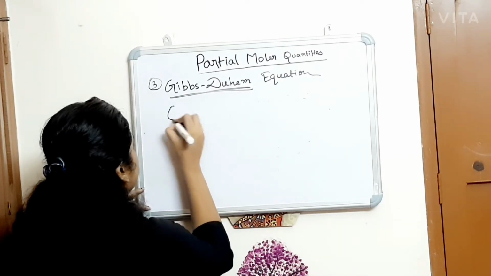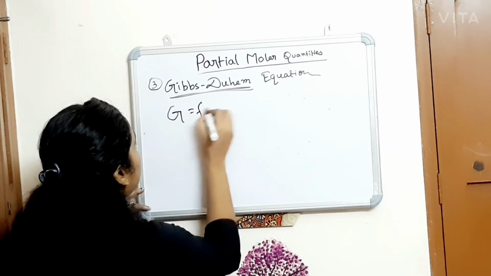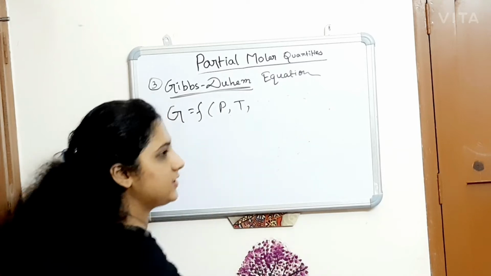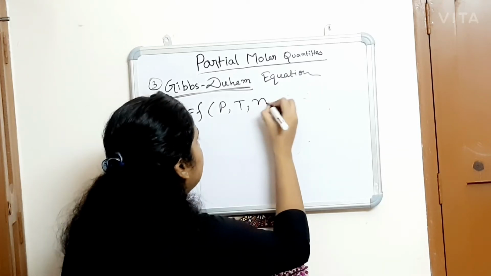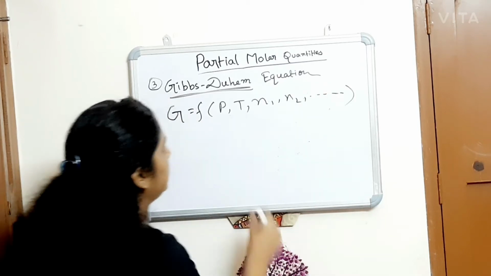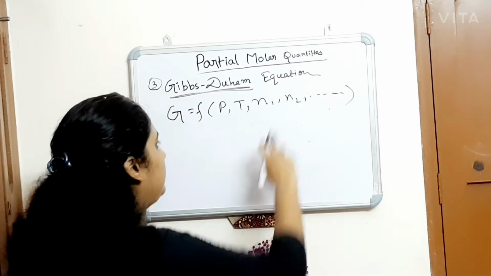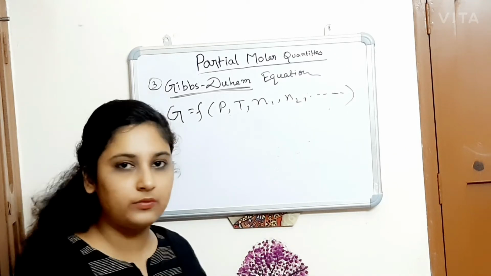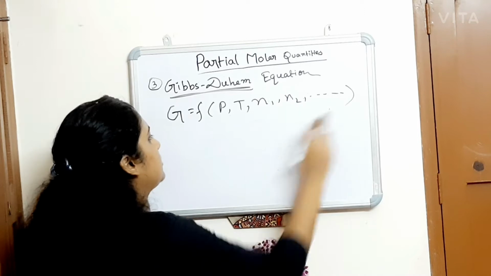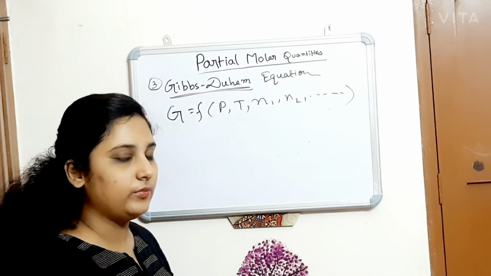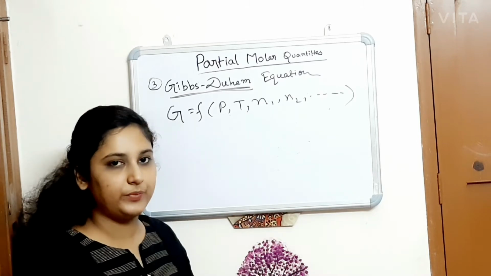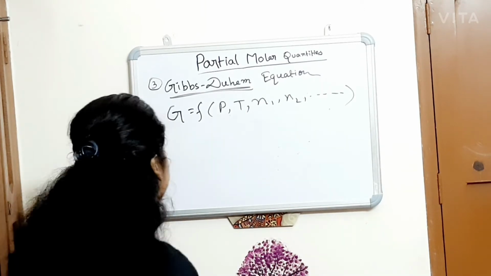G in the mixing state is not only a function of temperature and pressure, it is also a function of the components present in the system, that is N1 moles of component 1, N2 moles of component 2, and so forth.